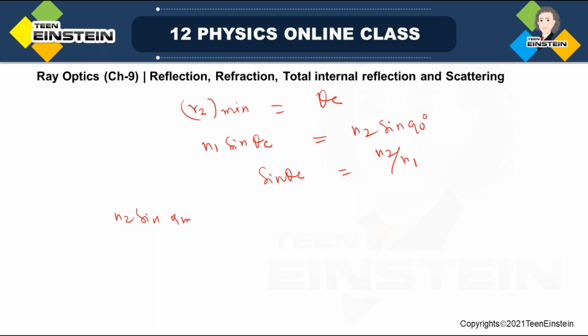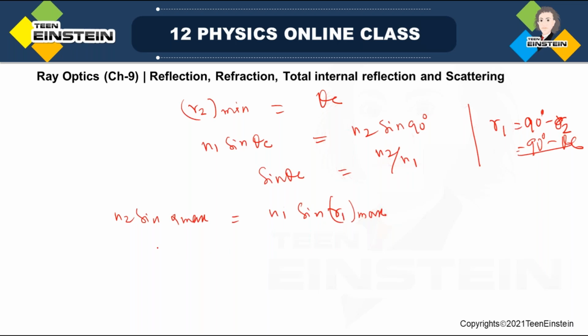Now if we just apply at this interface, then n2 sine alpha max equals n1 sine r1, this has to be max, and we have got r1 is equal to 90 degree minus theta c itself.